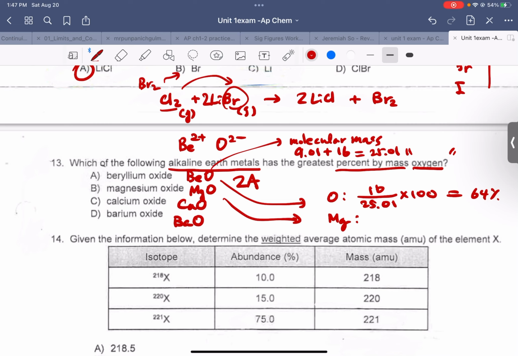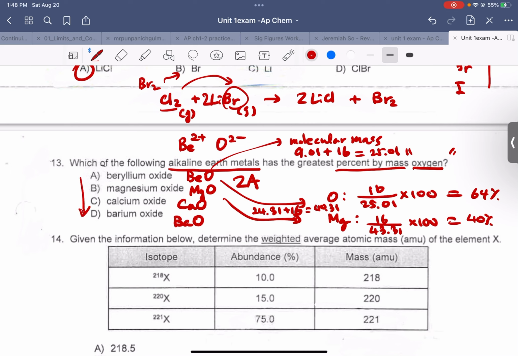So 24.31 plus 16, you will have 40.31. So 16 over 40.31 times 100 will give you approximately 40%.